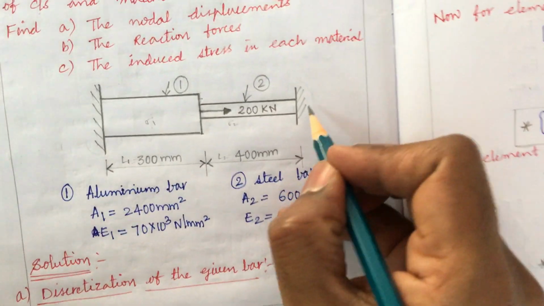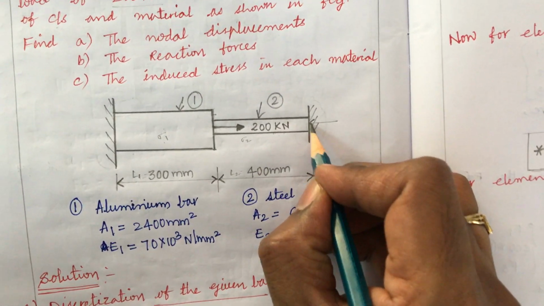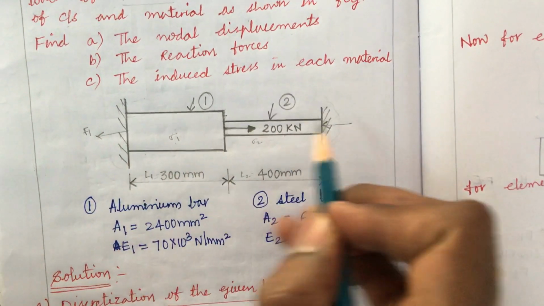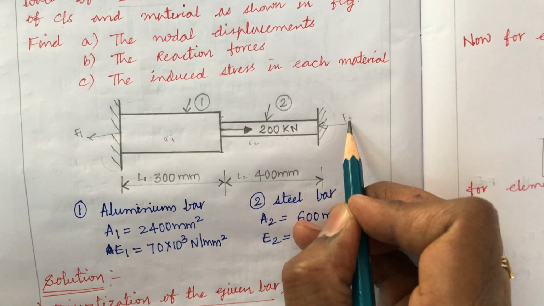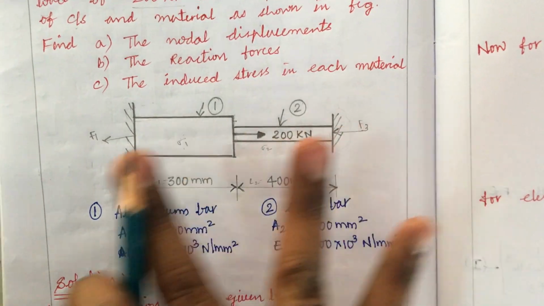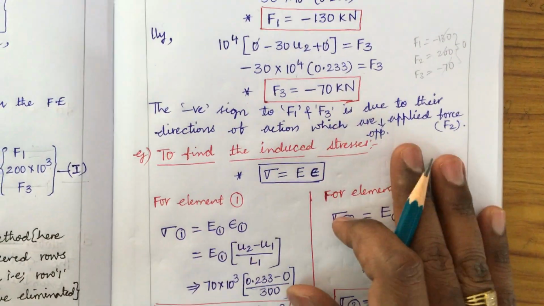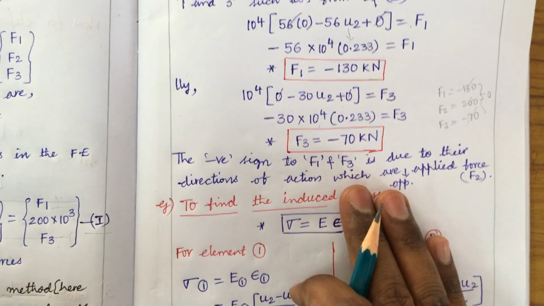The reaction forces act towards the left side of the diagram. F1 and F3 are both negative values, so when you sum them up, it is 200 minus 200, that is 0, equilibrium forces. So this is how you need to work out, dear students.